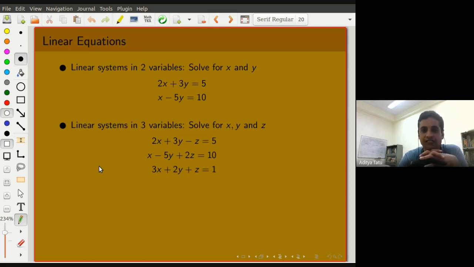The answer is almost always no. We are not going to look at practical implementations. We are going to look at general strategies, and maybe later on in your third and fourth year, you will come across methods to handle such huge linear systems. Okay, so that was the first thing.